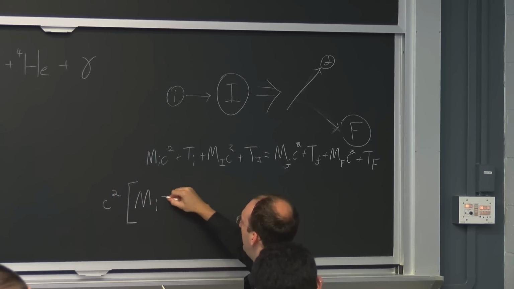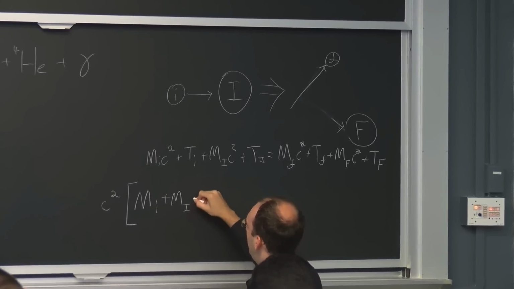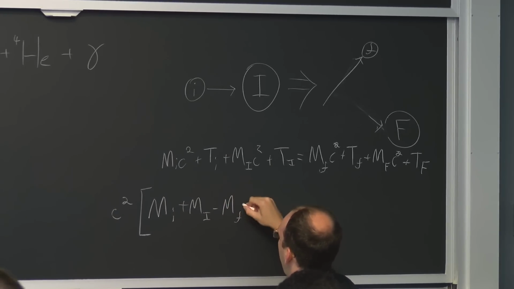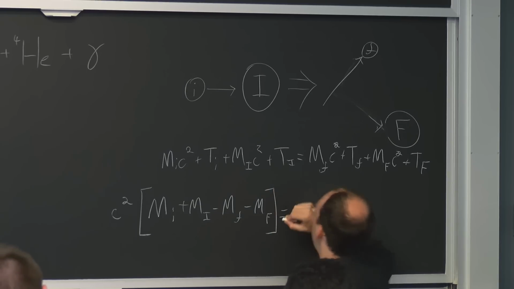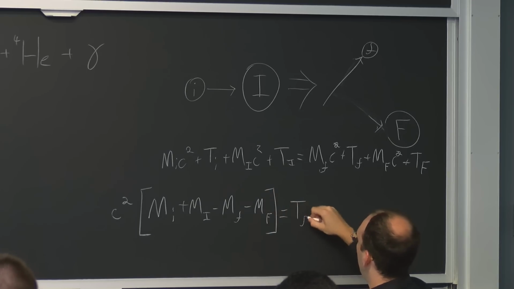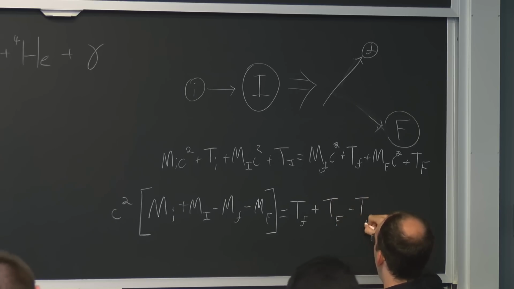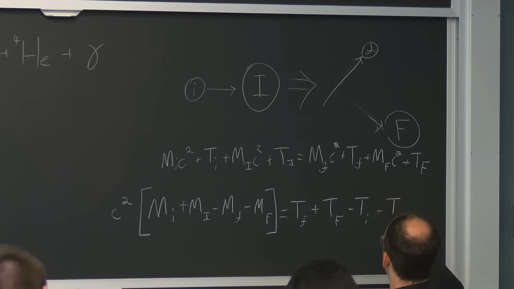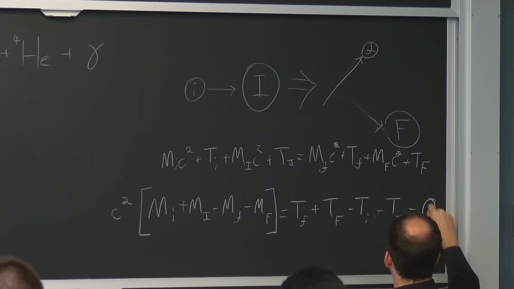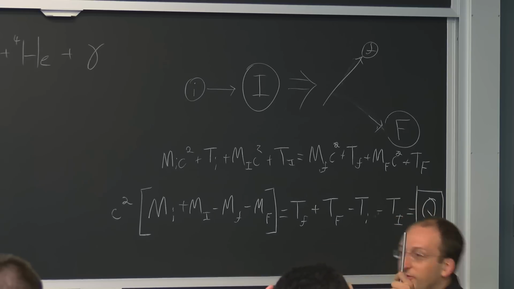We have m_i plus m_I minus m_f minus m_F has got to equal the sum of the final kinetic energies minus the initial ones, which we also call this Q value.